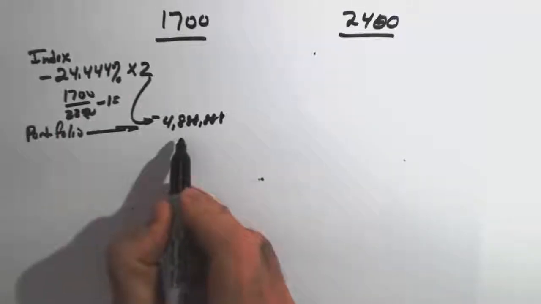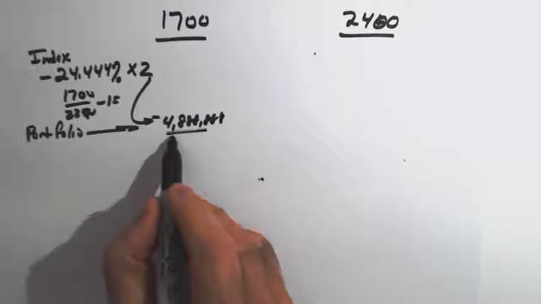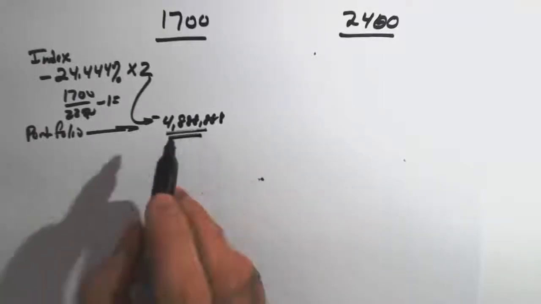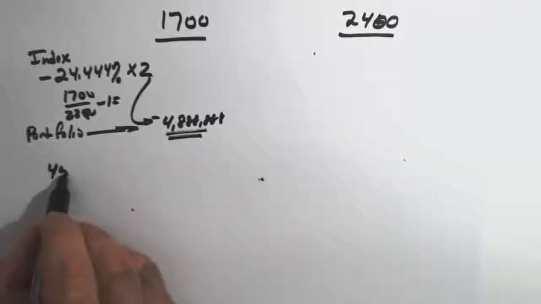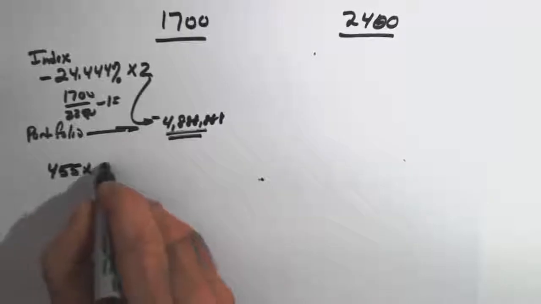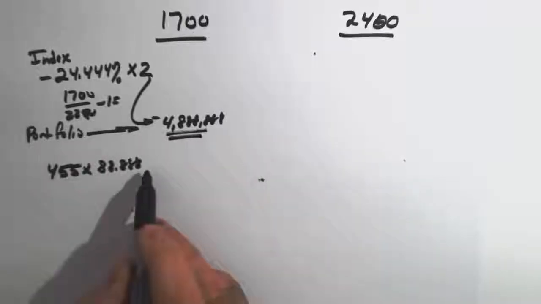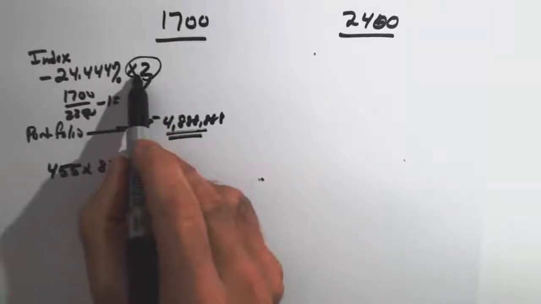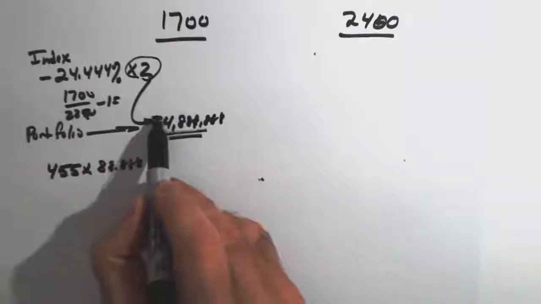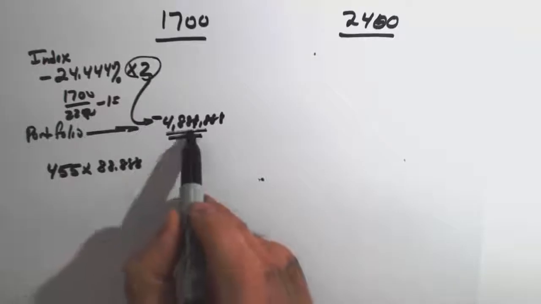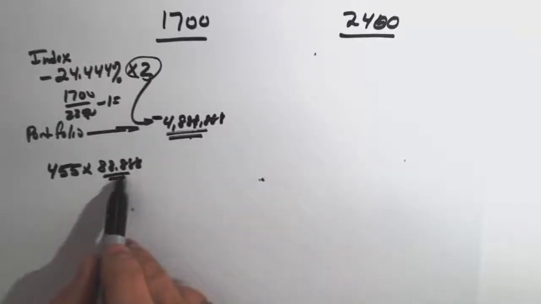So our portfolio dropped a whole lot, but compared to the previous example, we now have 88.8888 contracts. So we doubled the amount of the loss because of our beta, but we made up for it by having twice as many contracts.